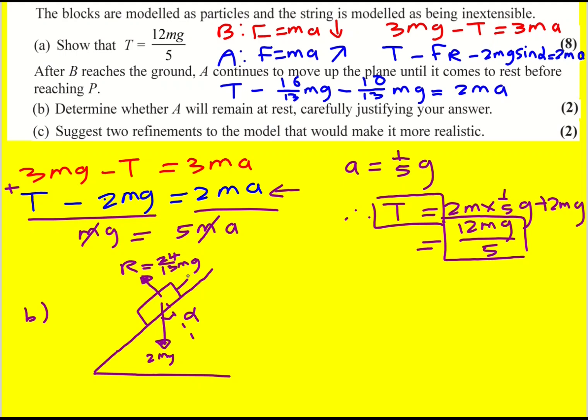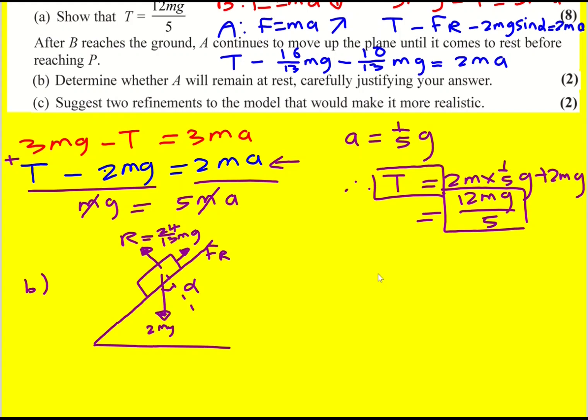Now friction is going to be going in the opposite direction. And we've got the component of the weight acting down the slope, which is 2mg, then remember, it's sine alpha. I've got this above. I think I already worked out that it was 10 over 13 mg.